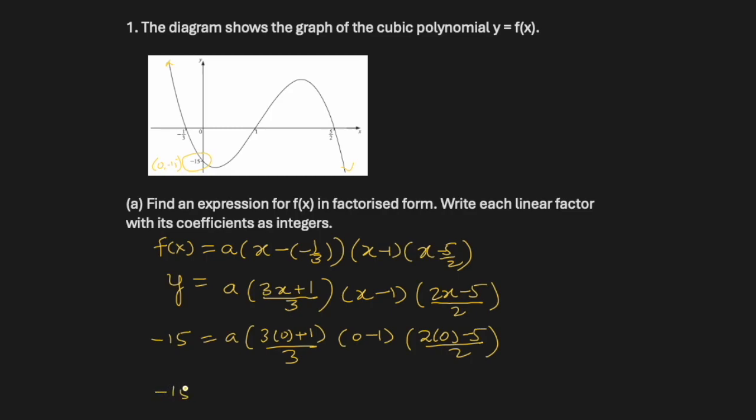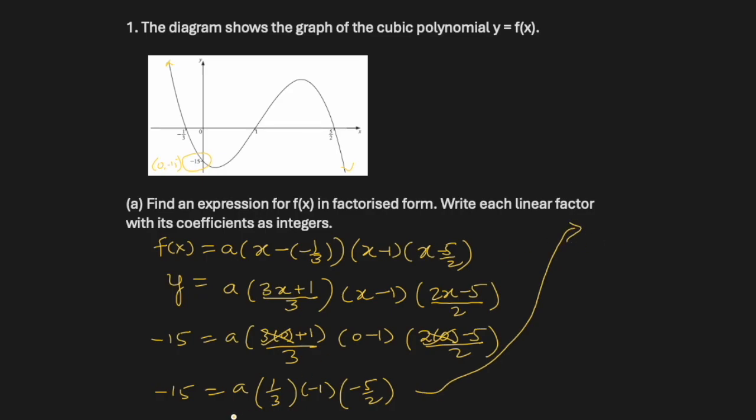Minus 15 equal to a. This is gone. So a times 1/3, minus 1, and this is also gone, so minus 5/2. So a is the only one remaining here.